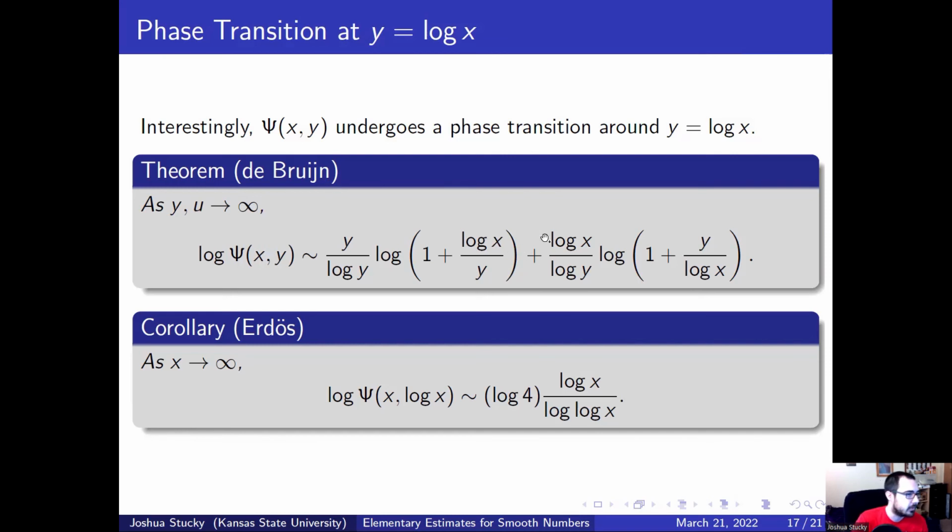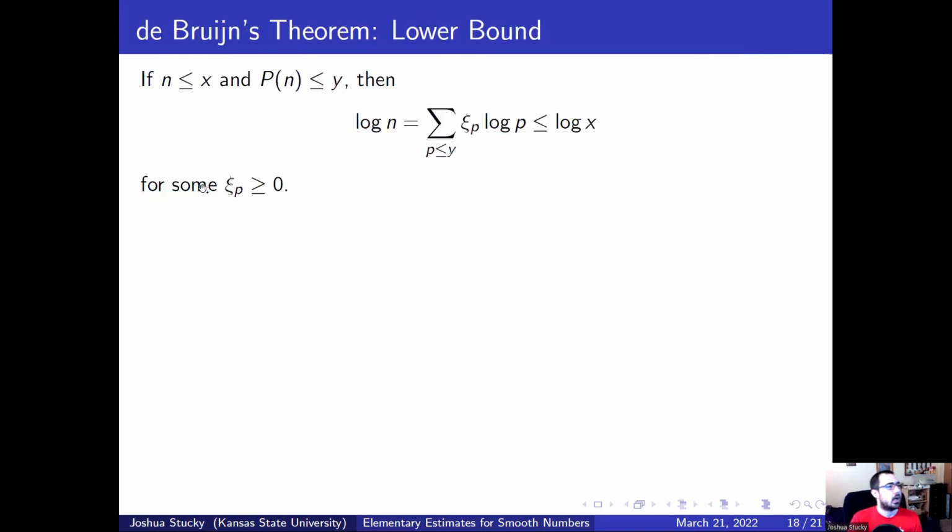So let's do it. If I have an integer which is less than or equal to x, and it's a y smooth number, then let's take the logarithm of that number and write it in this form. It's equal to the sum over all the primes p less than or equal to y of log p times these variables, which are just non-negative integers. They're mostly 0, but they're non-negative for some of them, right?